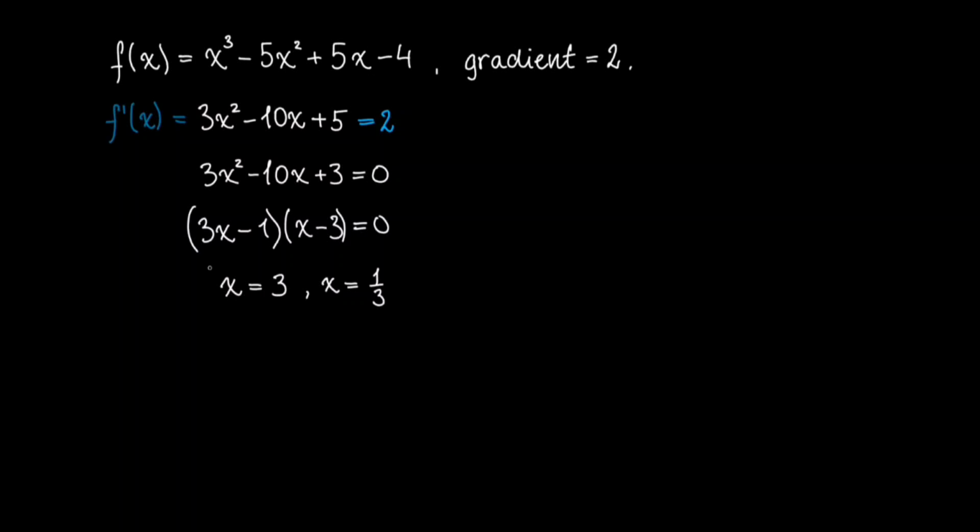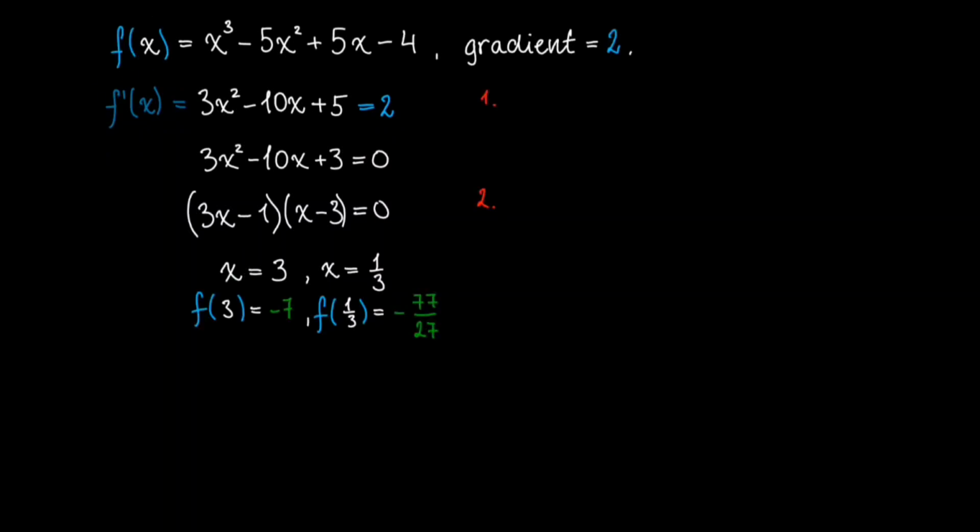So now all we need to do is find the corresponding y values of these two x's. And we do that by plugging the gotten x into the original f of x. Here I skipped the calculation and got y1 equals negative 7, and the other y value is negative 77 over 27.